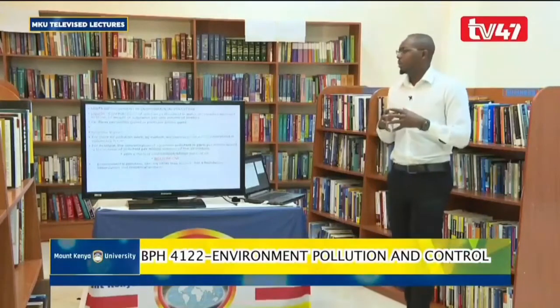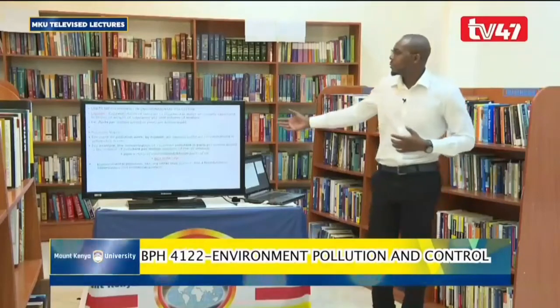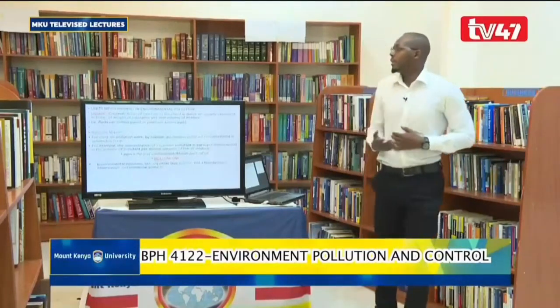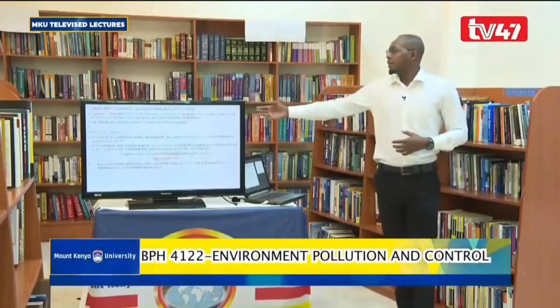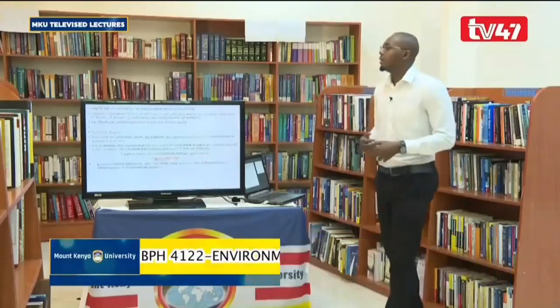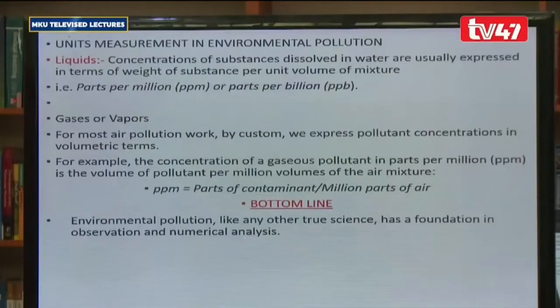Because the nature of the pollutant might be so varied, to quantify that, we express it in terms of weight of substance per unit volume of the mixture. For example, parts per million or parts per billion. You see the quantity in terms of millions and billions. It's so huge.